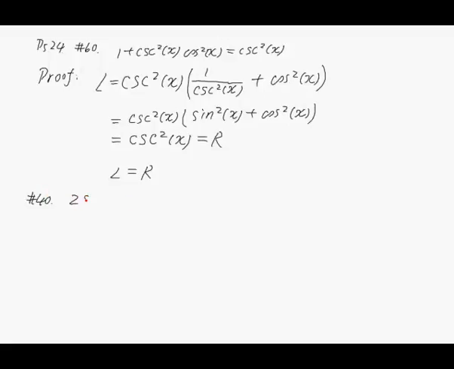So we have 2 times sine square theta plus sine theta minus 2 times sine theta times cosine theta and minus cosine theta.